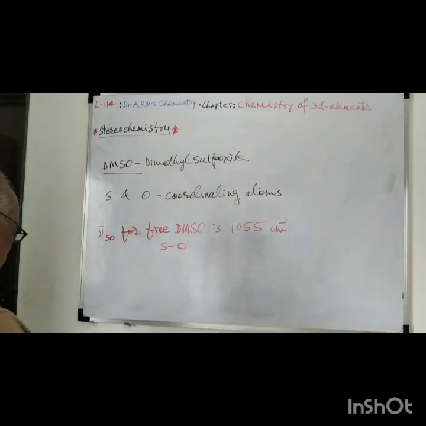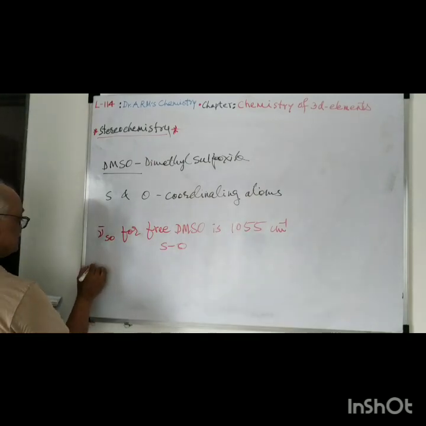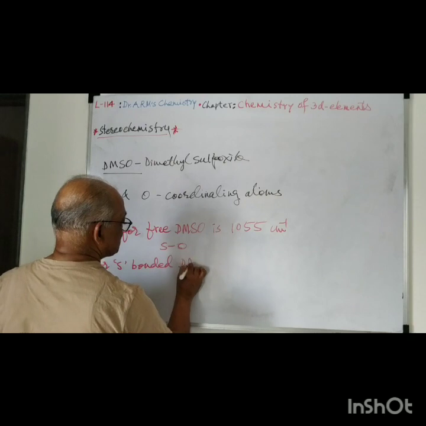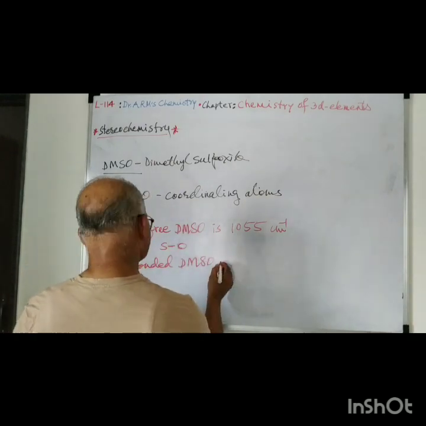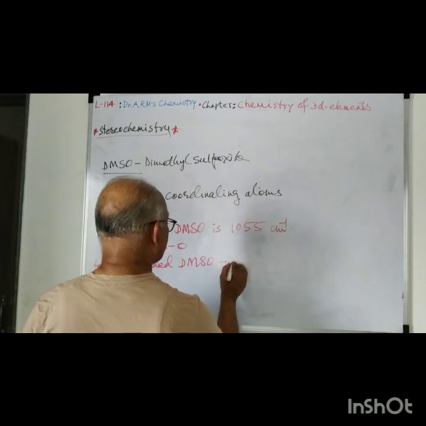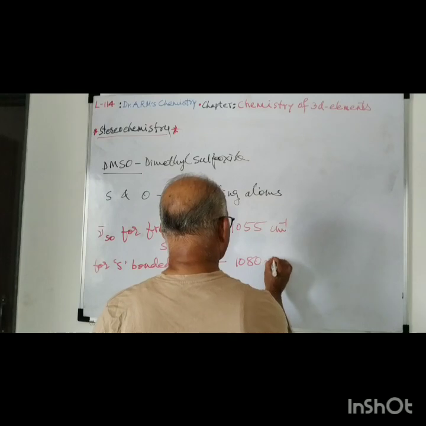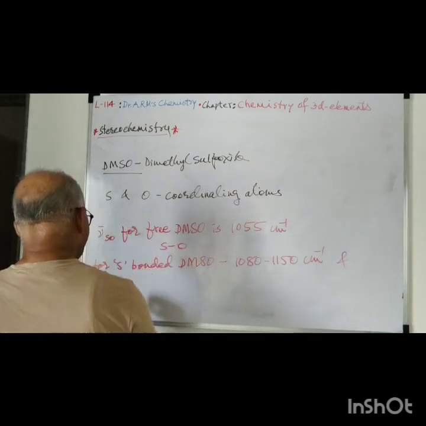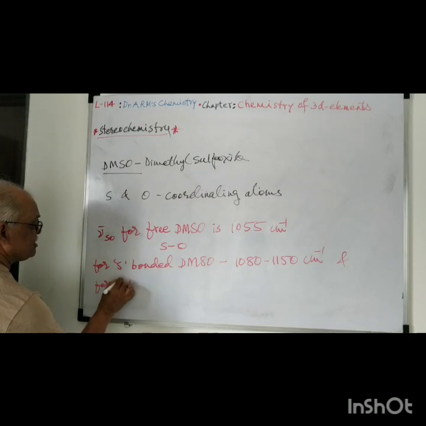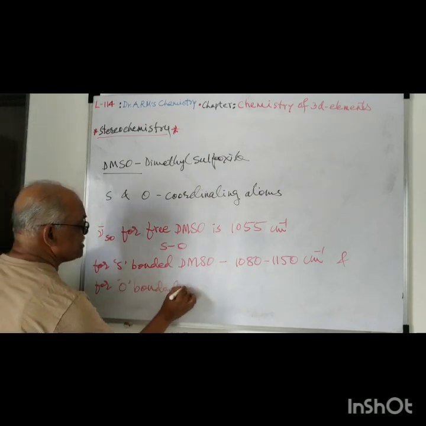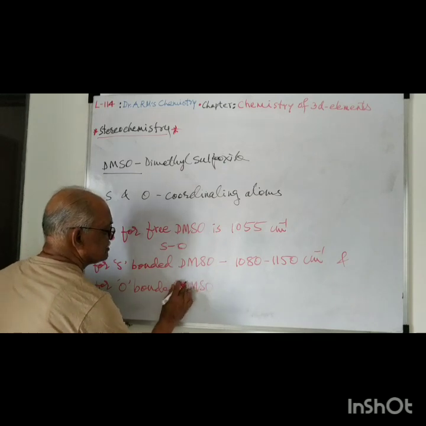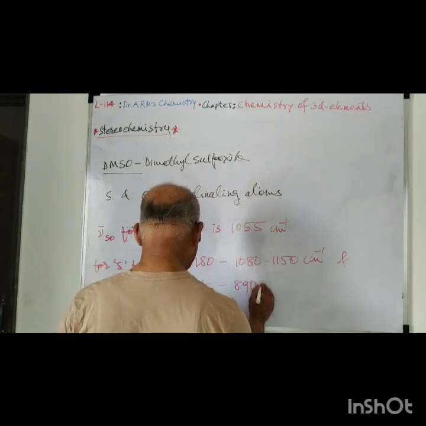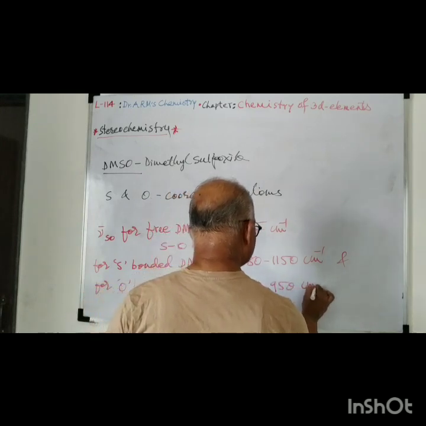Now for S bonded DMSO, the higher vibrations appear at 1080 to 1150 per centimeter, and for O bonded, oxygen bonded DMSO, the vibrations appear at 890 to 950 per centimeter.